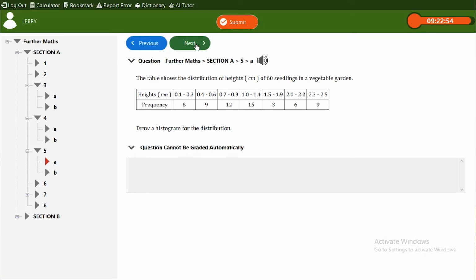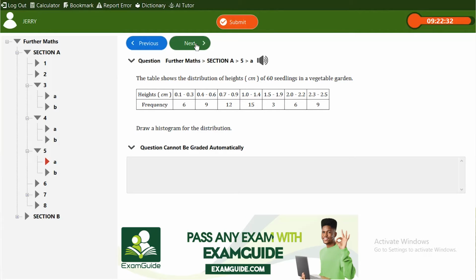Okay, question number 5. The table shows the distribution of heights in cm of 16 seedlings in a vegetable garden. Draw a histogram for this distribution. Okay, look at the nature of this table.